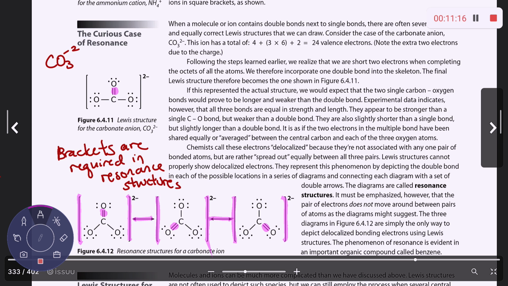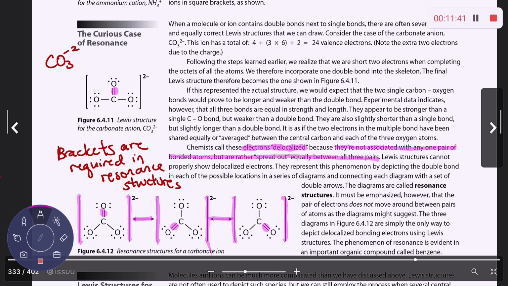So we say that they are delocalized. So delocalized electrons are what you have in resonance. That means they're not associated with any one pair of bonded atoms, but they spread themselves out equally between all 3 pairs. Since we can't really show that, it's just assumed that you know that, okay?